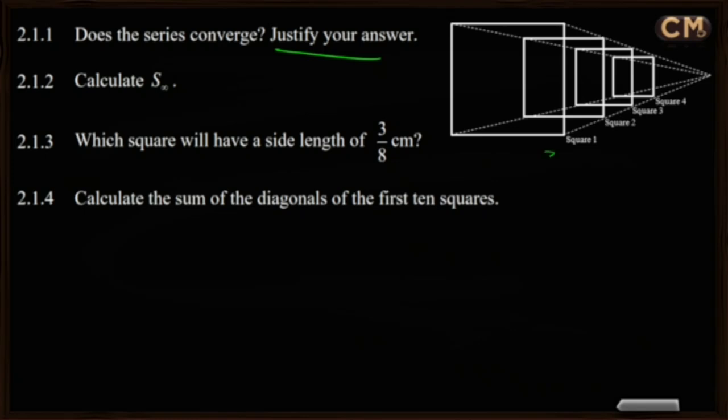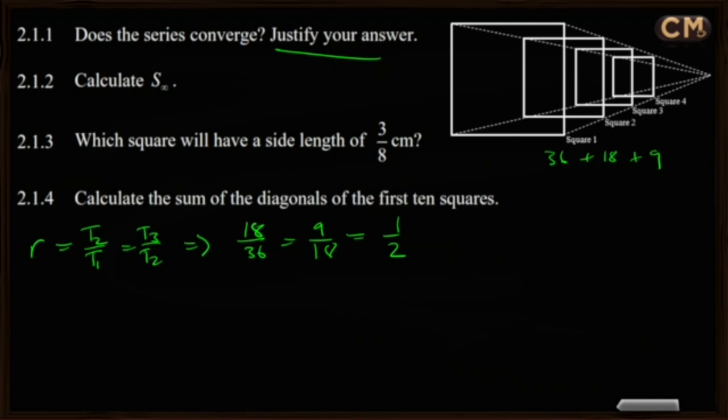we had 36 plus 18 plus 9. So r is equal to t2 over t1, which is equal to t3 over t2. And in this case, that'll give us 18 over 36, which is equal to, this is just me being unnecessary with the 9 over 18.